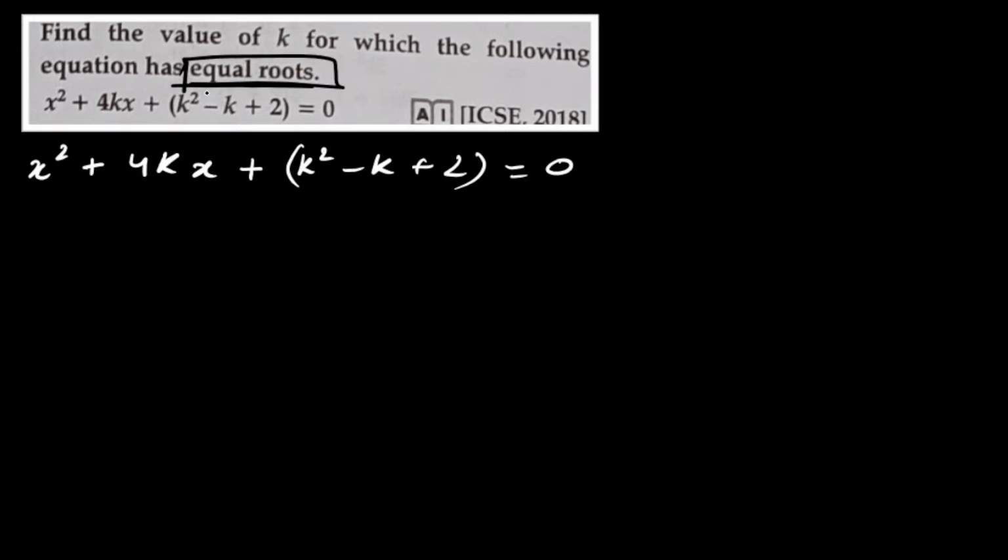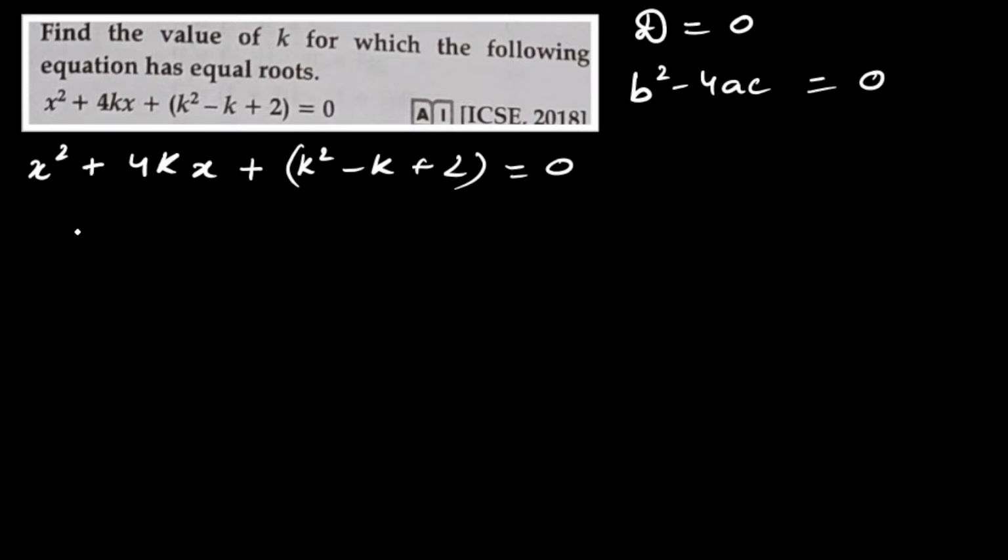Again, equal roots is mentioned, that means in this question also we have to make use of the discriminant. For equal roots we know the discriminant is equals to 0, and the discriminant we know is b square minus 4ac.